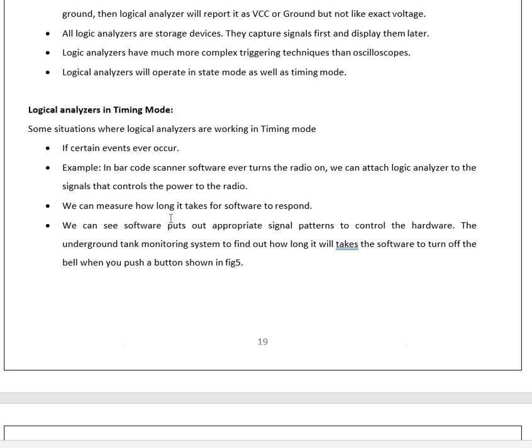We can measure how long it takes for software to respond. And the next example we can take here is an underground tank monitoring system, to find out how long it takes the software to turn off the bell when you push a button.